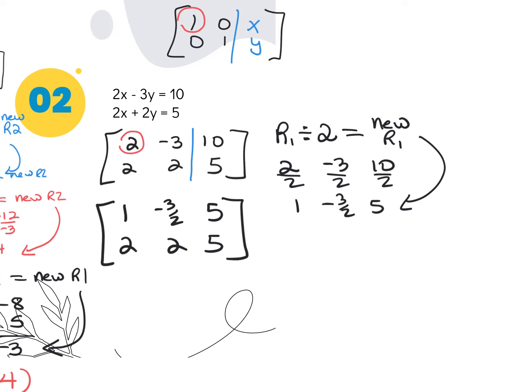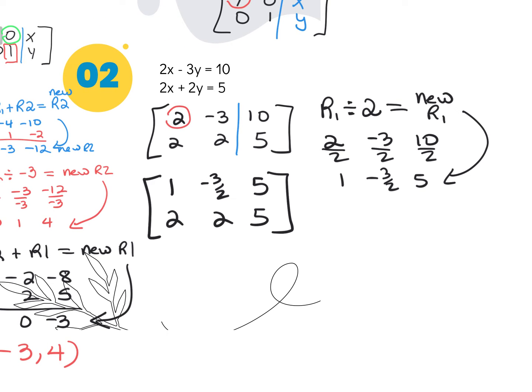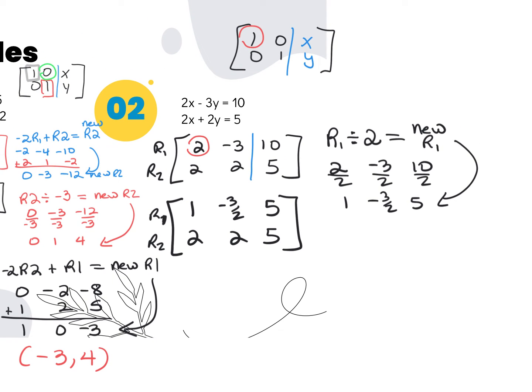Now, my goal here is to make row 2. So again, this is row 1, row 2. Now my goal, my next step, is to change this 2 and make it a 0. And the way that I'm going to do that is multiply the row that I just made a 1. That's what I'm going to multiply by a negative 2, and then add it to row 2.